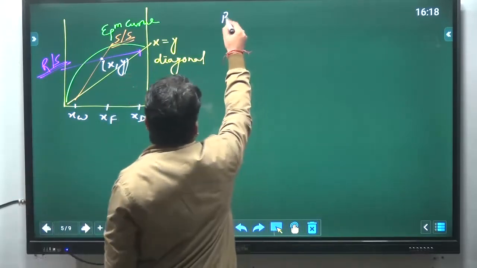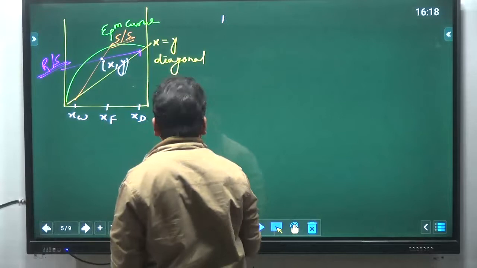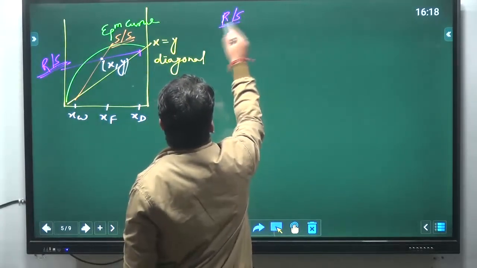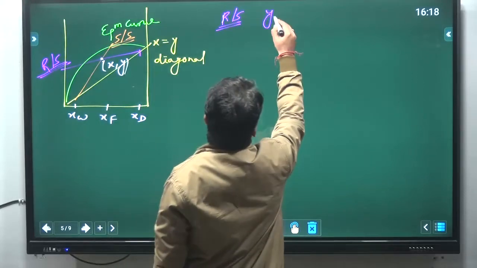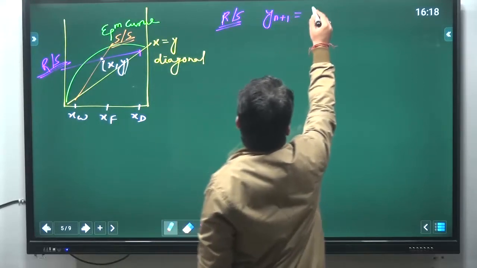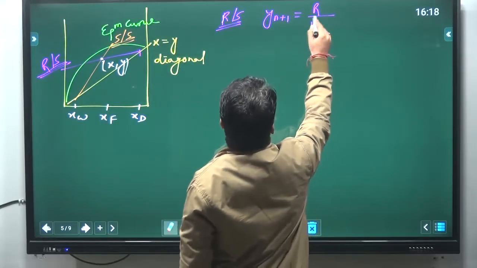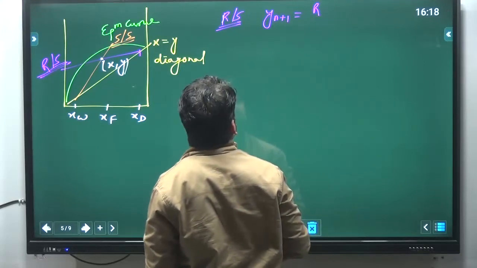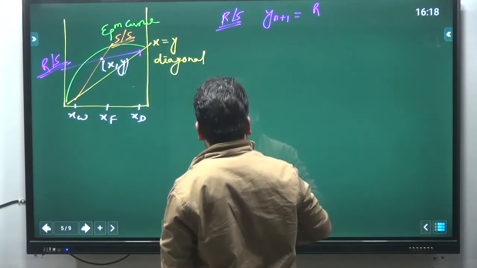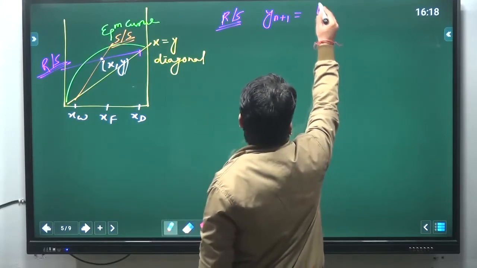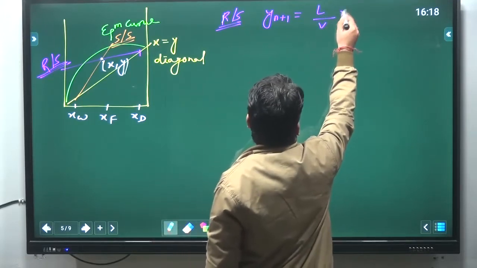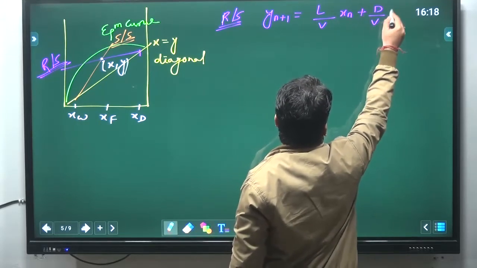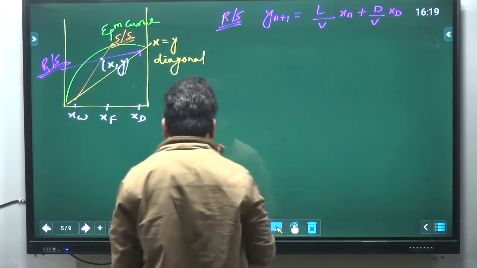So for rectifying section, if you remember, the operating line equation is yn plus 1 equal to R upon R plus 1 xn plus xd upon R plus 1, or you can write L upon V times xn plus D upon V times xD.